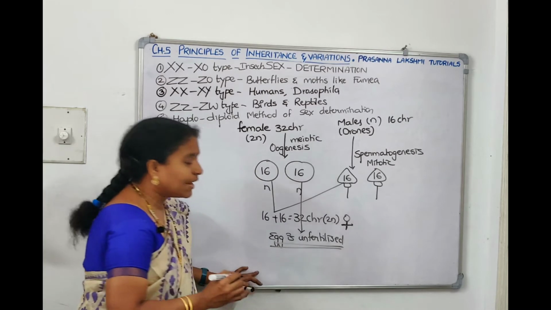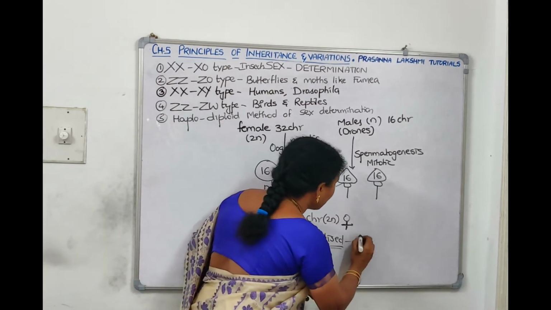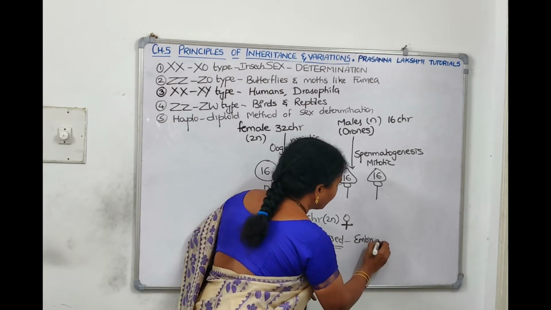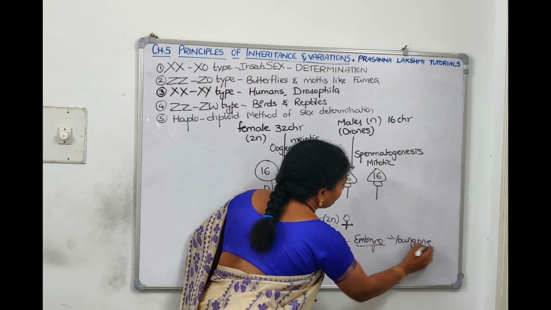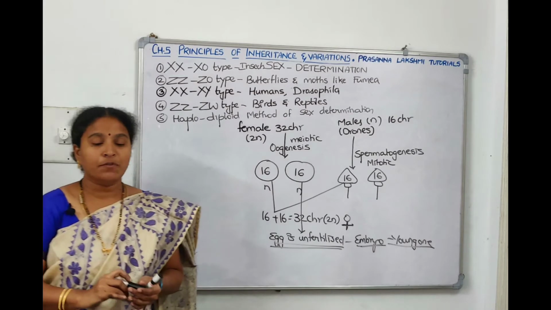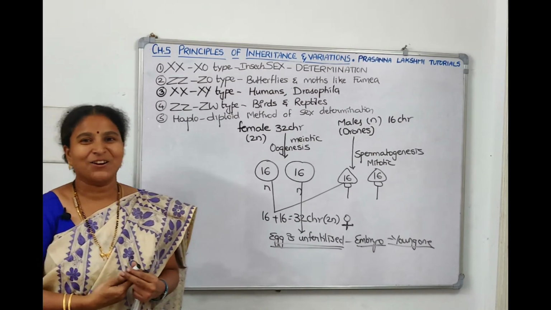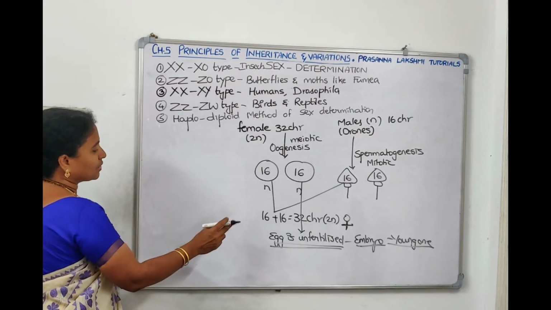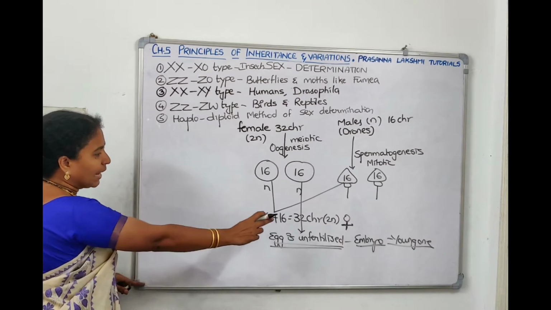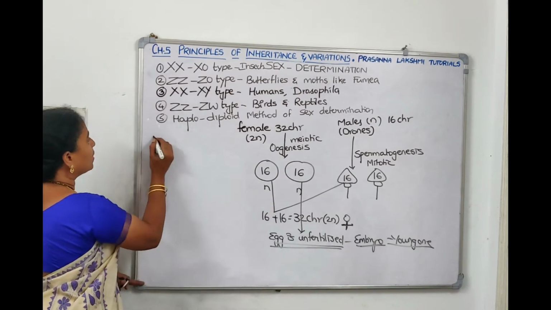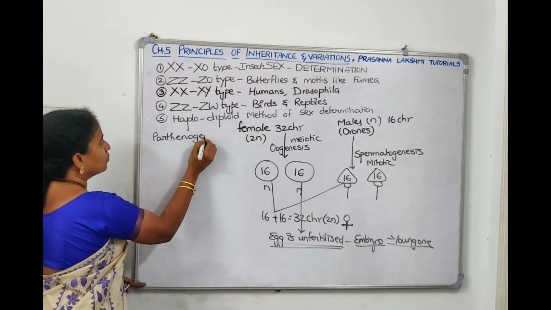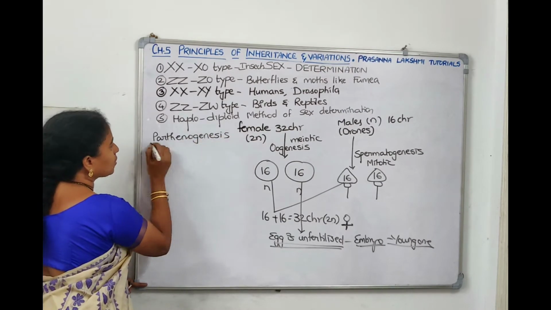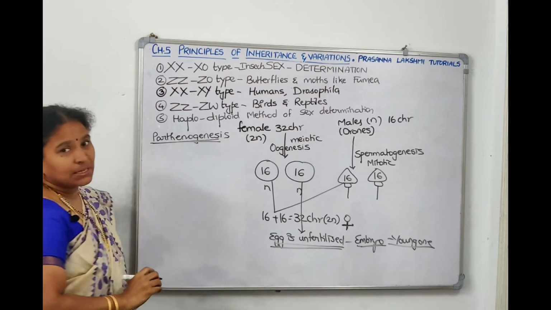And if the egg is unfertilized and directly develops into an embryo, into a young one, the process of development of an embryo without fertilization is called parthenogenesis.